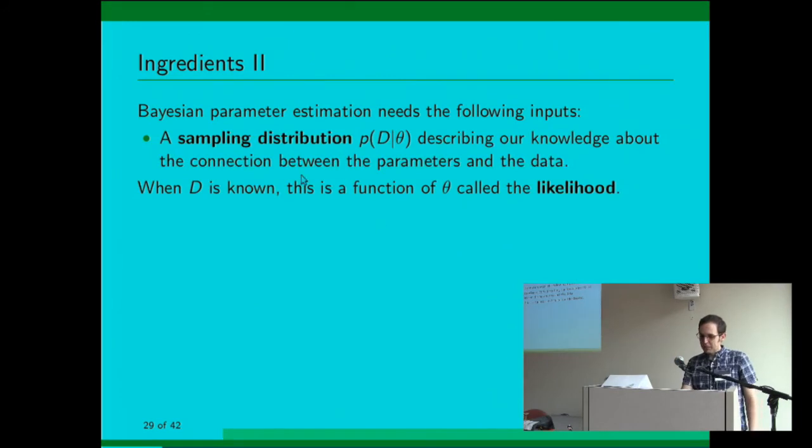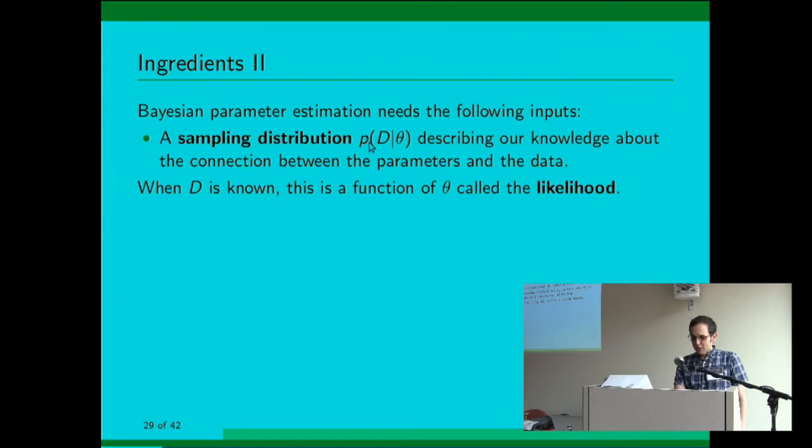So before the actual data set is known, when you write down a probability distribution for the data set given the parameters, that's a probability distribution over a space of possible data sets. So it has to be normalized over the space of possible data sets. And that describes knowledge about the fact that the data that you're getting has something to do with the parameters that you want to try and learn. And if that's not true, then nothing really can be done.